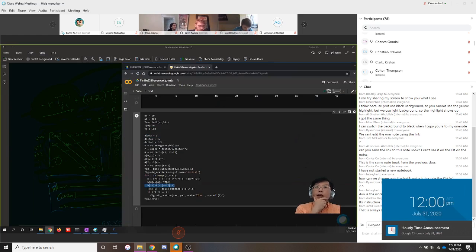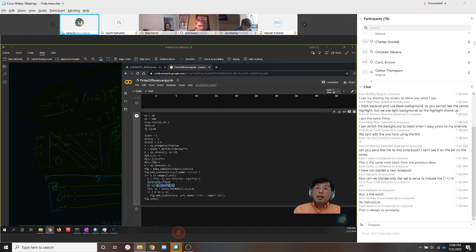So if you look here, this last element is modified from just the basic element. You have a choice here.